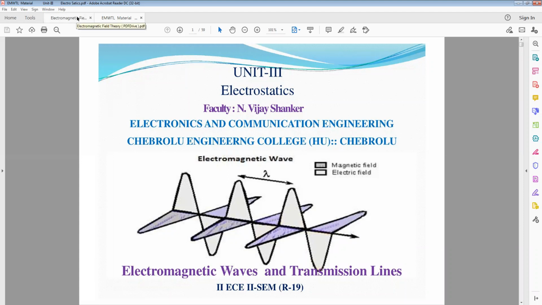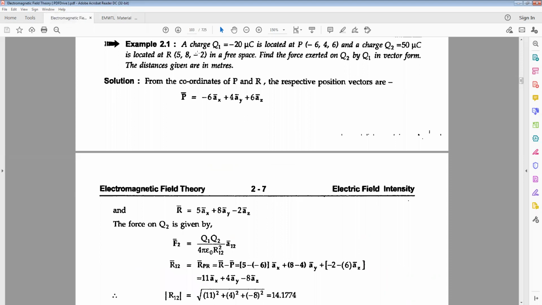The first one: a charge Q1 equal to minus 20 microcoulombs is located at the point P with the coordinates minus 6, 4, 6, and charge Q2 of 50 microcoulombs is located at 5, 8, minus 2 in free space.